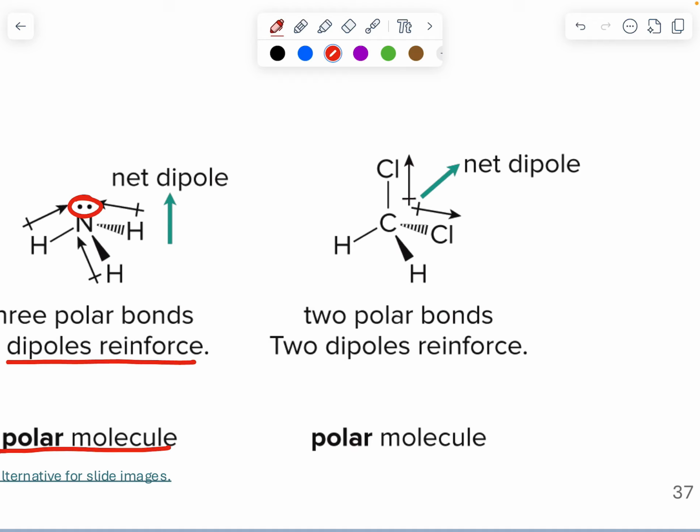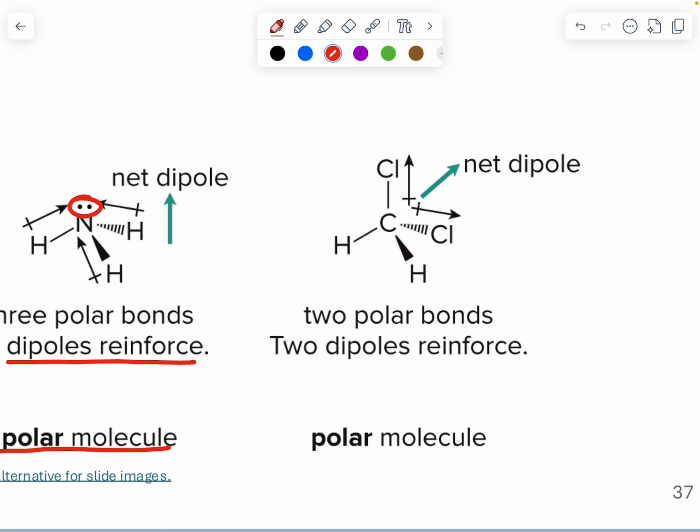If you think about these dipole moments as being a vector, a symbol that shows direction and the direction of the force, and so if we were to add these two vectors together, we could see that the net force is in the direction of this green arrow.